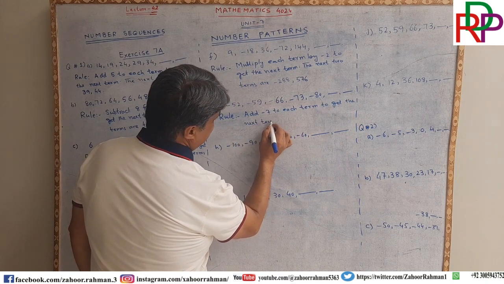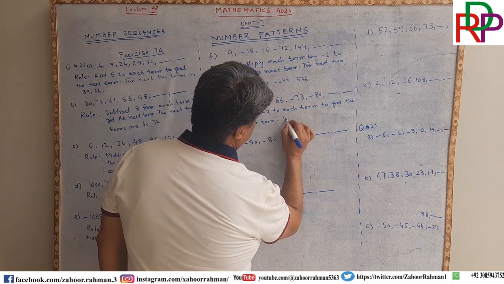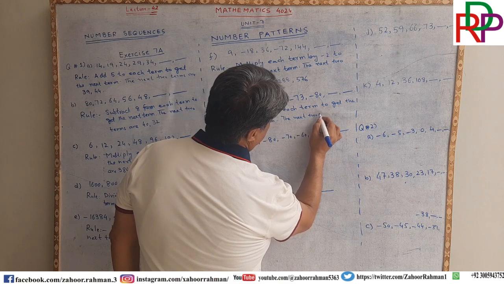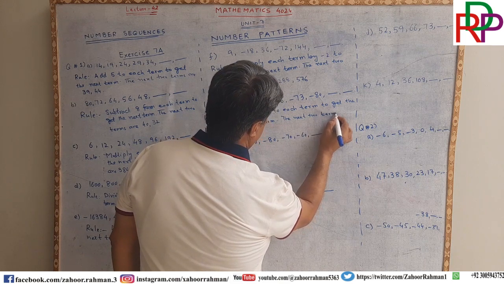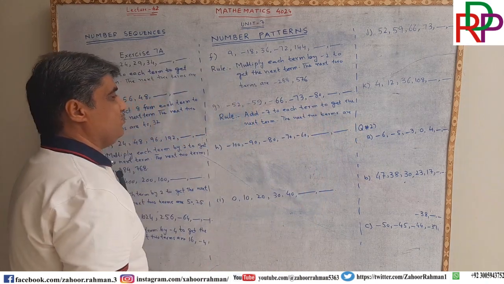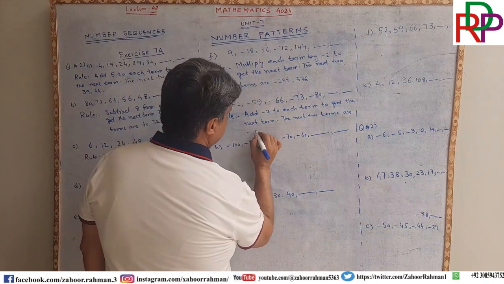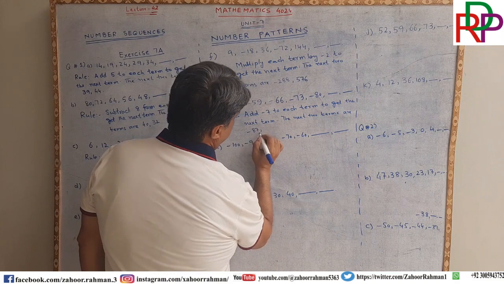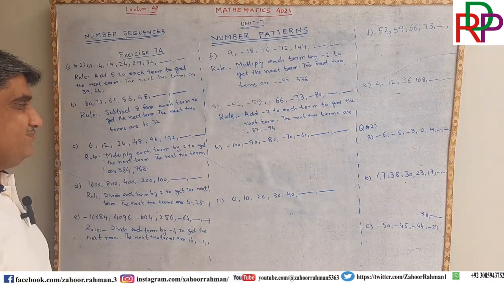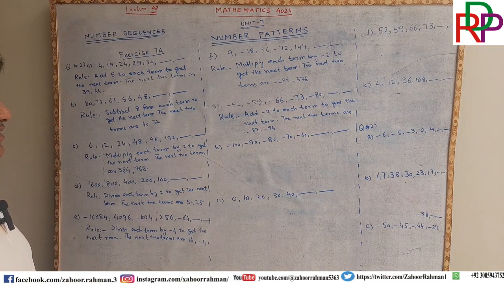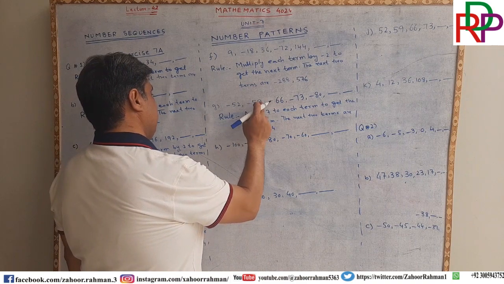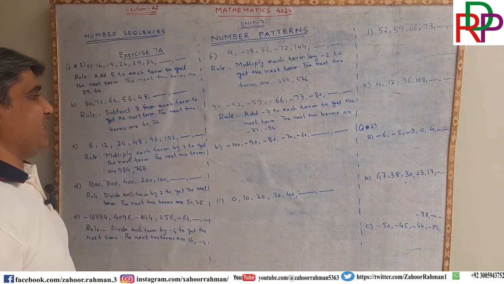The next two terms are, so we have minus 80, so it will be minus 87 and minus 94, by adding negative 7 to the previous term, and we will get the next term as well.